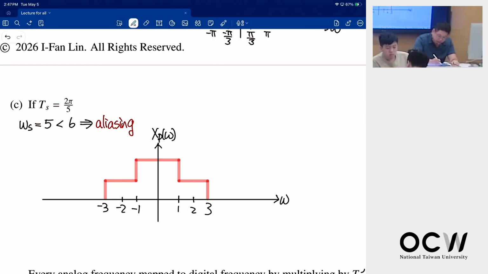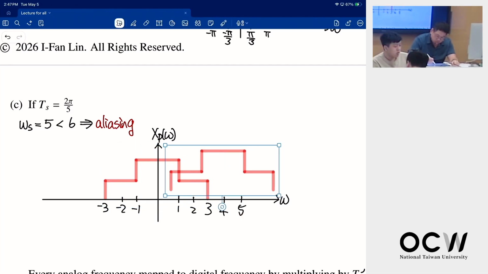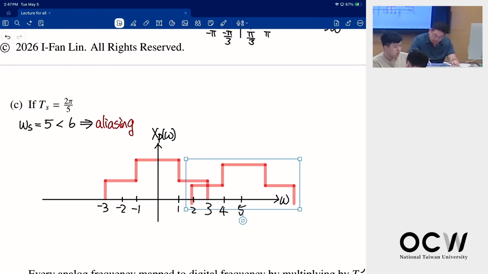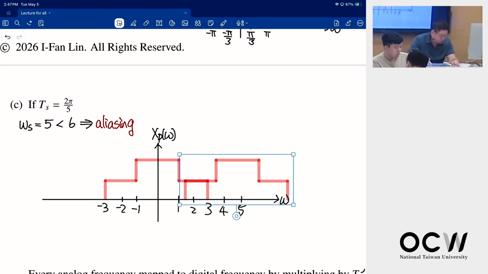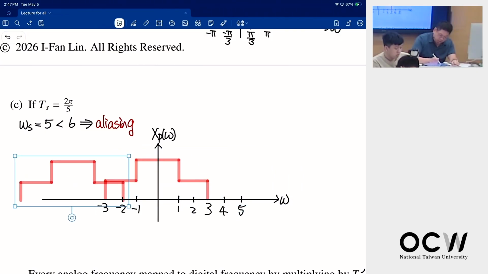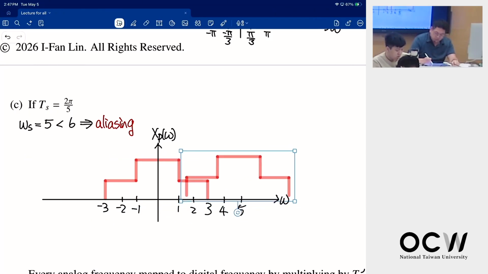So at 5, I will copy this to here. So 5 is the center. The center will move to 5 here. And another one, 5 is here. So we'll overlap this part.